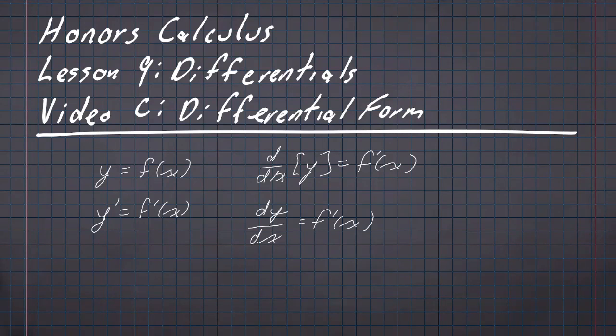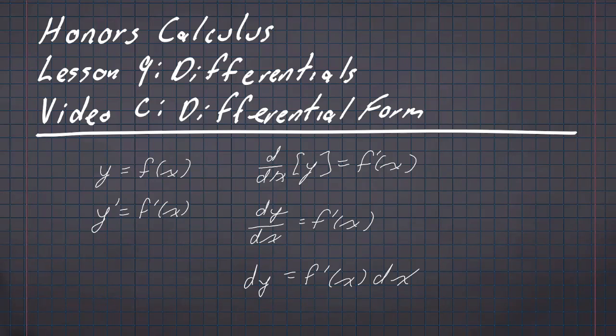So what if we just multiply both sides of the equation by dx, and we write that dy is f prime of x dx.